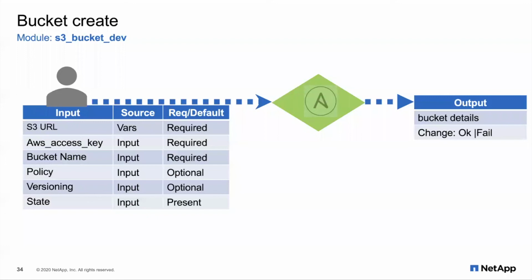But this fix was available in the development build of the Ansible S3 bucket module. So that's what we used. And just to make sure that we know which module we're using, I've named it S3 bucket dev. So all other features are supported except for that chargeback.